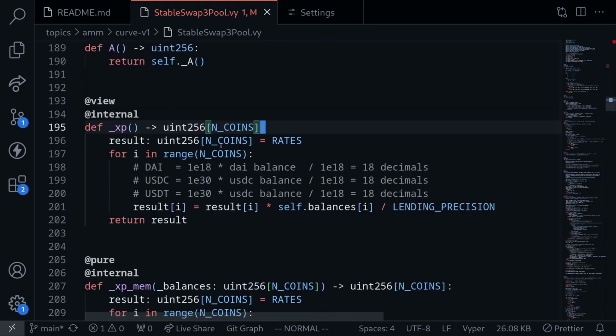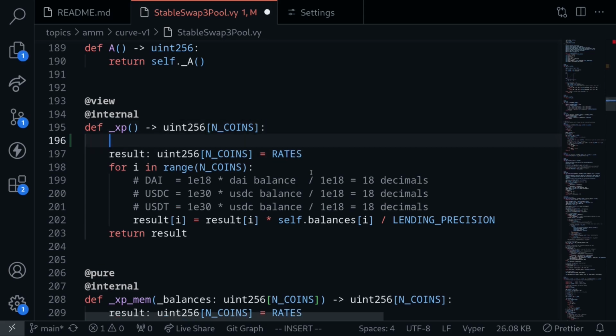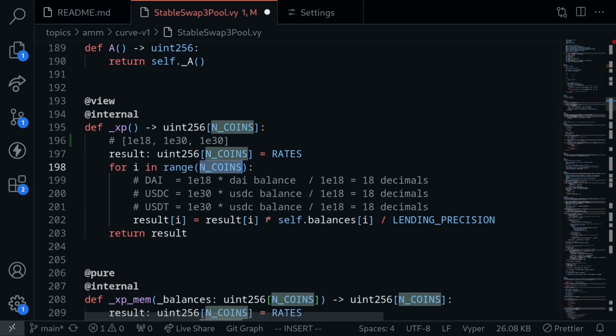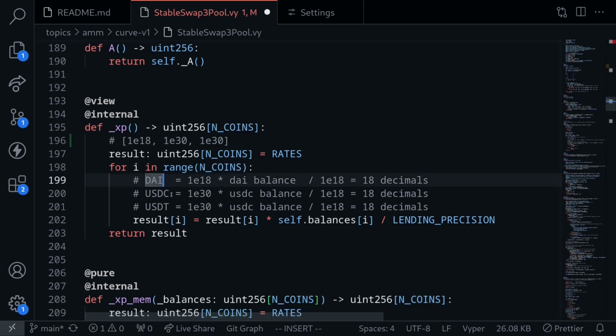Okay, going back to the function _XP, we know that here result is initialized to be an array of 1E18, 1E30, and 1E30. In other words, 1 followed by 18 zeros and 1 followed by 30 zeros. And then it runs a loop for i equal to 0 to n coins. This contract holds 3 coins, so n coins will be equal to 3. The first coin is DAI, the second coin is USDC, and the third coin is USDT.